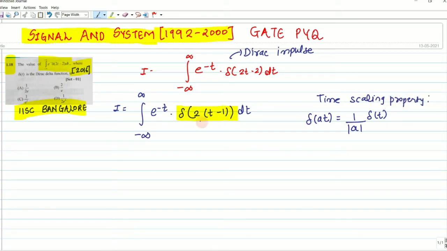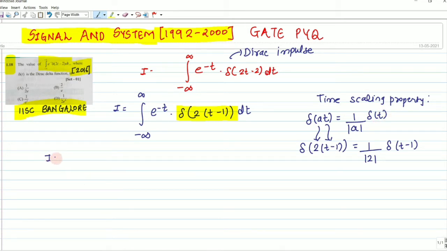Understood? Here we can write delta of 2 times (t minus 1) as follows: a is 2, and our t is replaced by t minus 1. Our answer will become 1 upon mod of 2, with t replaced by t minus 1. Understood this part? This is our time scaling property.